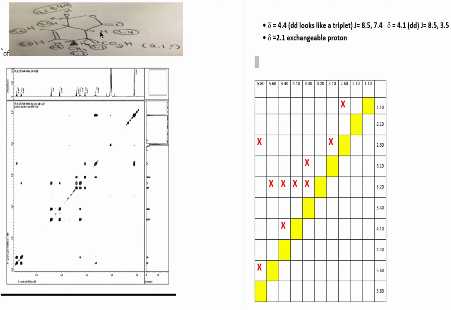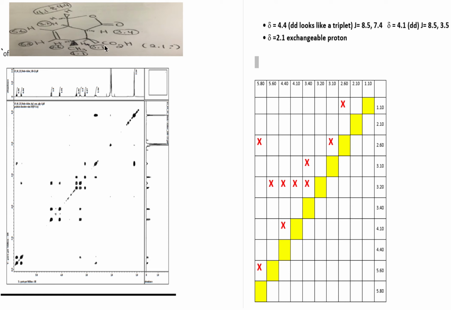Therefore, we identify this proton to have a chemical shift of 3.40 ppm. Now let us concentrate on the peak at 3.40. We already see that it couples with the one at 3.10, but it also couples with the one at 3.20. Therefore, the peak at 3.20 is identified as the one shown here.